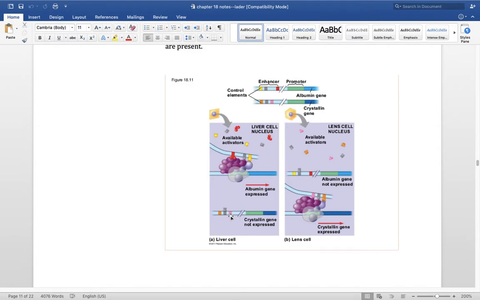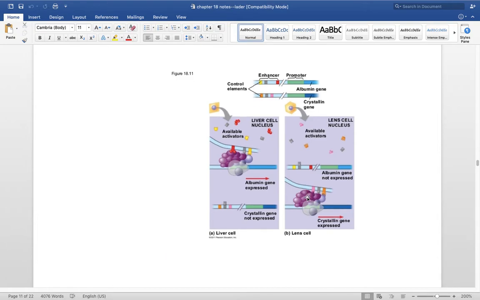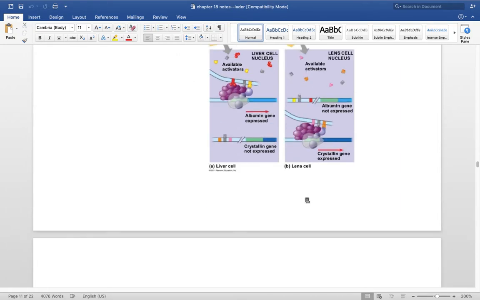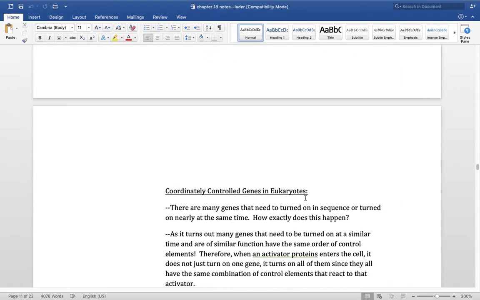If it did, it could, but it naturally would not. Okay, and then here's the eye cell, just the reverse. These are the activator proteins right here that attach to these control elements, the proper combination of control elements, and they attach, and boom, transcription begins. I'm sorry, that would be right here. And that's combinatorial control.